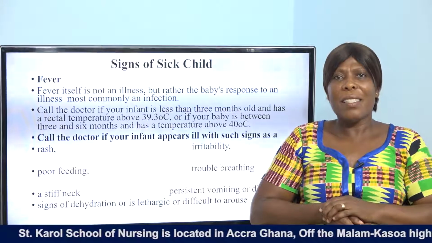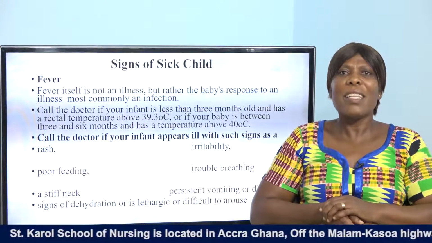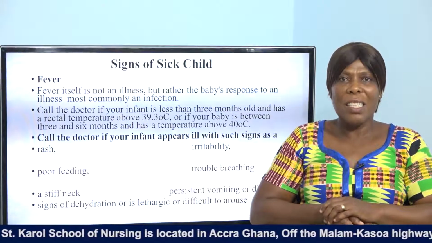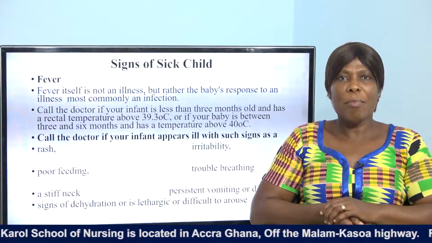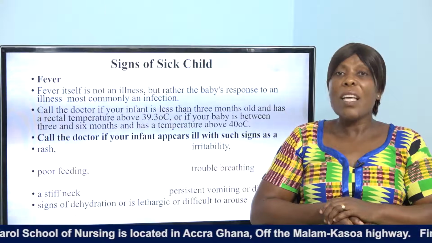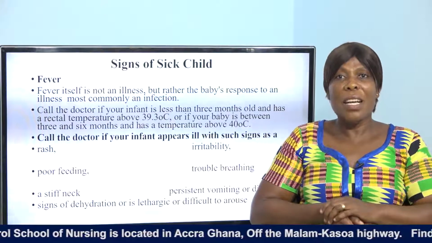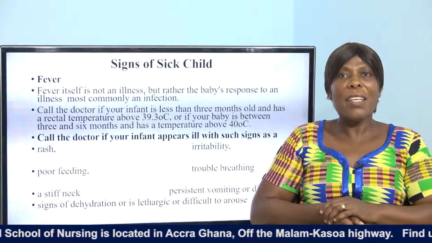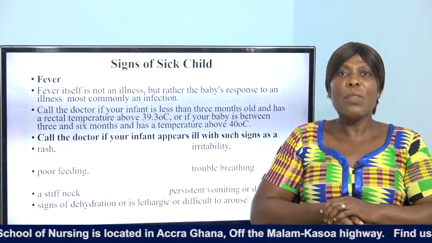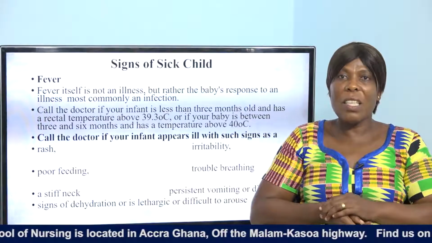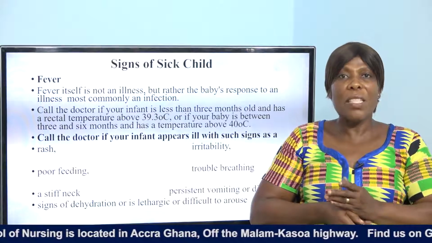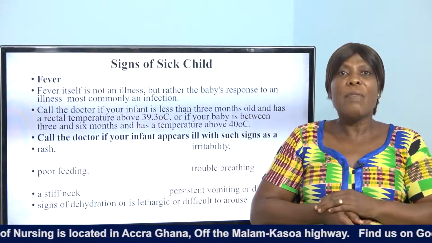What are the signs of a sick child? What are the signs that you see in a sick child? 1, fever. Fever itself, we are saying, is not an illness, but rather the baby responds to an illness, most commonly infection. So when the baby has an infection, the baby may develop what?